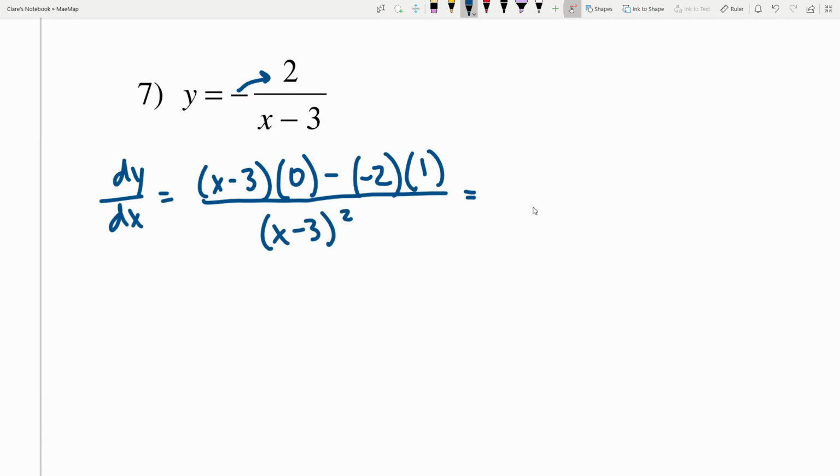So subtracting a negative 2 times 1 is going to be a positive 2 all over x minus 3 squared.